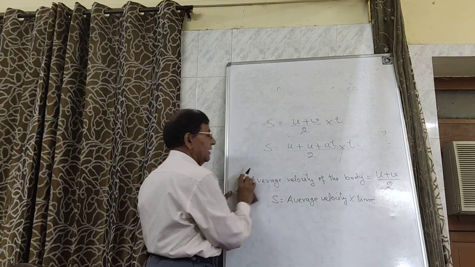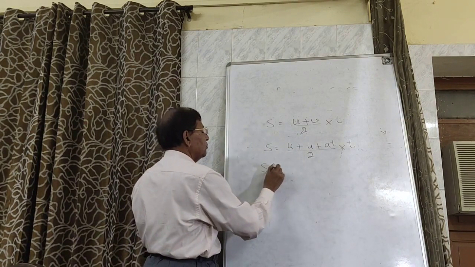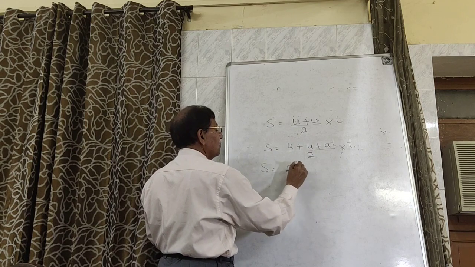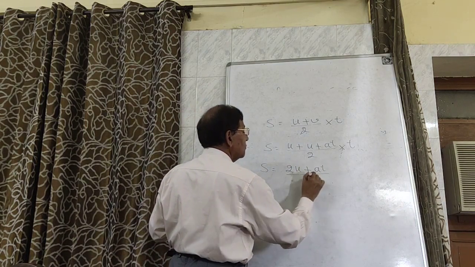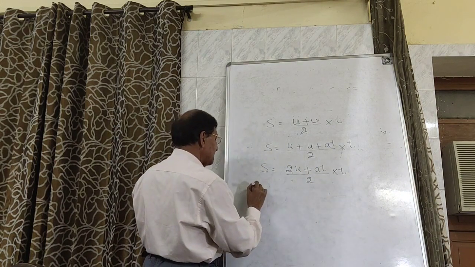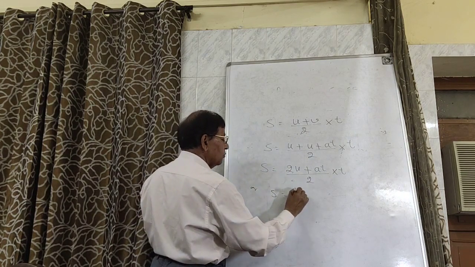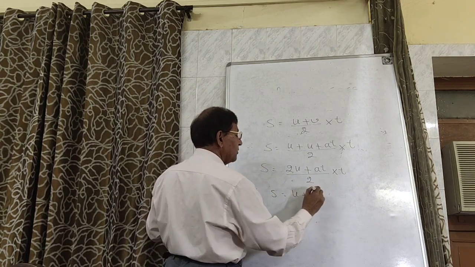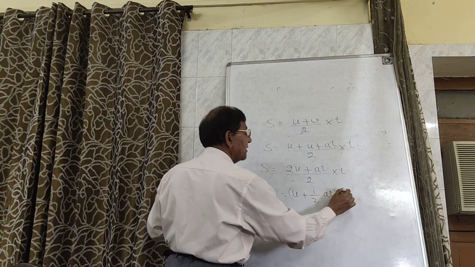Or s equals 2u plus at divided by 2 multiplied by t, or s equals u plus half at multiplied by t.